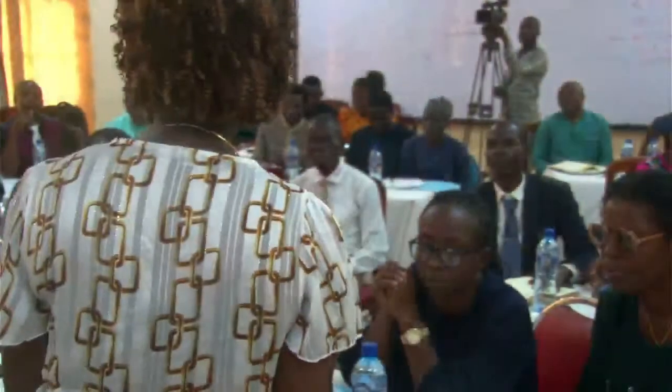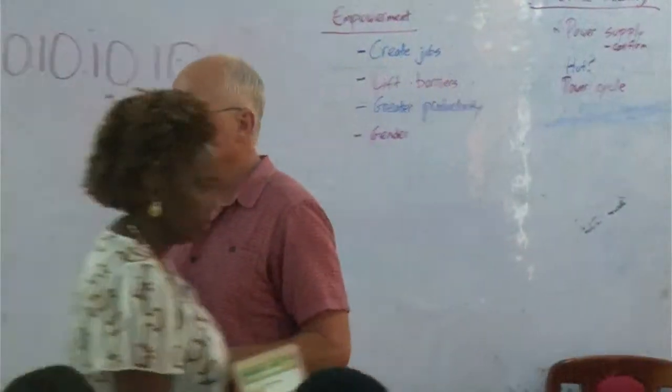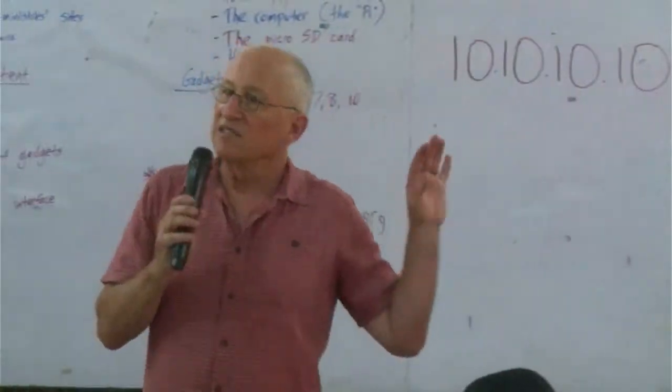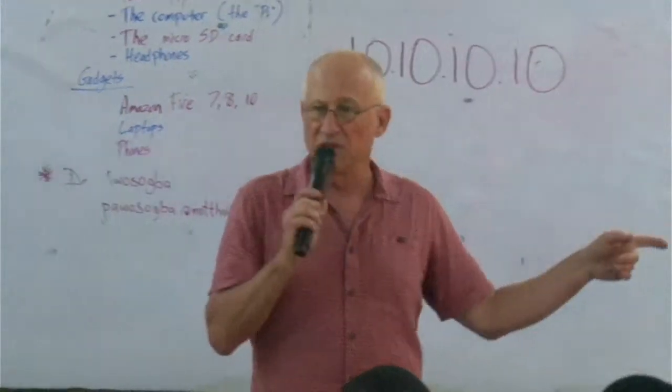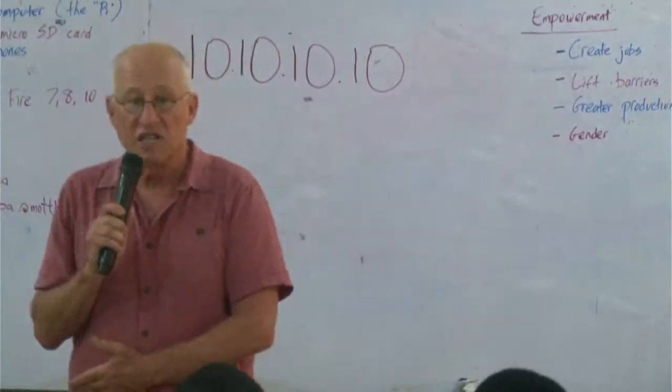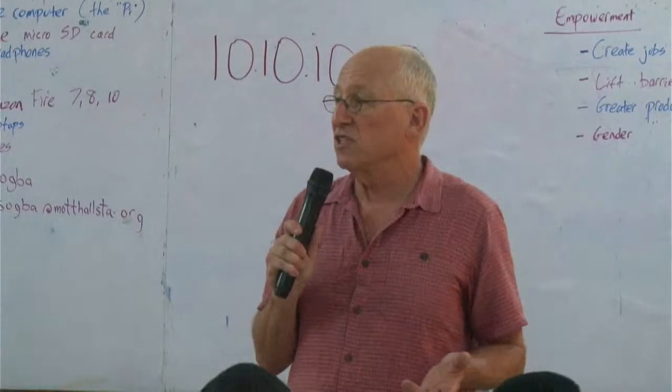So this is the second version. You can access both. And up on the top, as she comes around, thank you, sister, you can see that on the top, I put the logo of the church and of my NGO. And I wrote up at the top, welcome to your digital library.